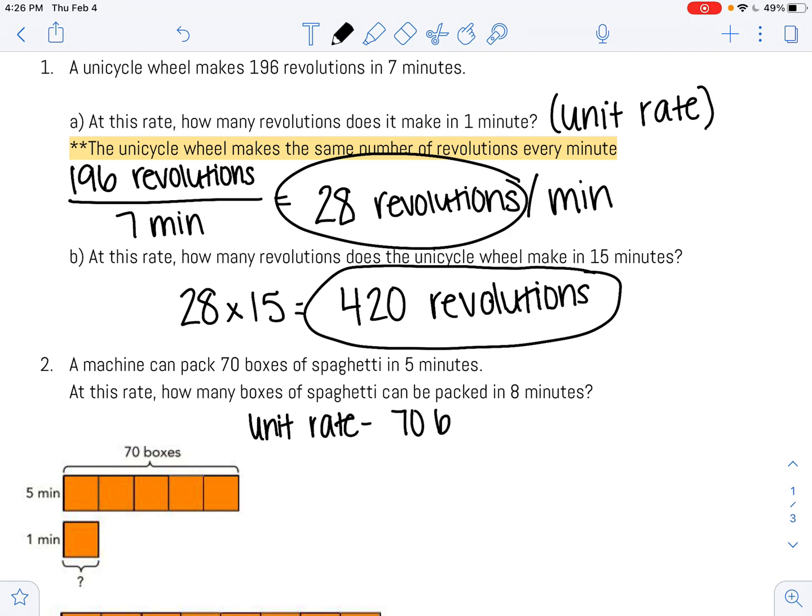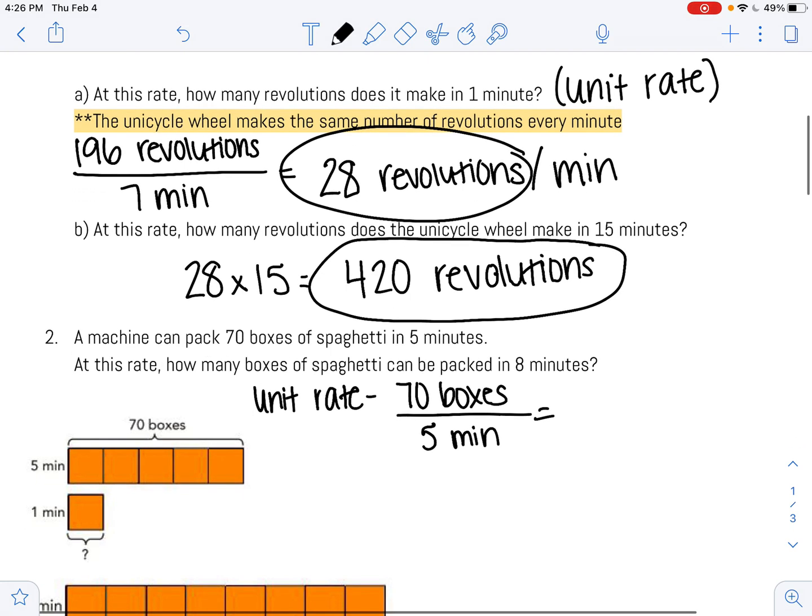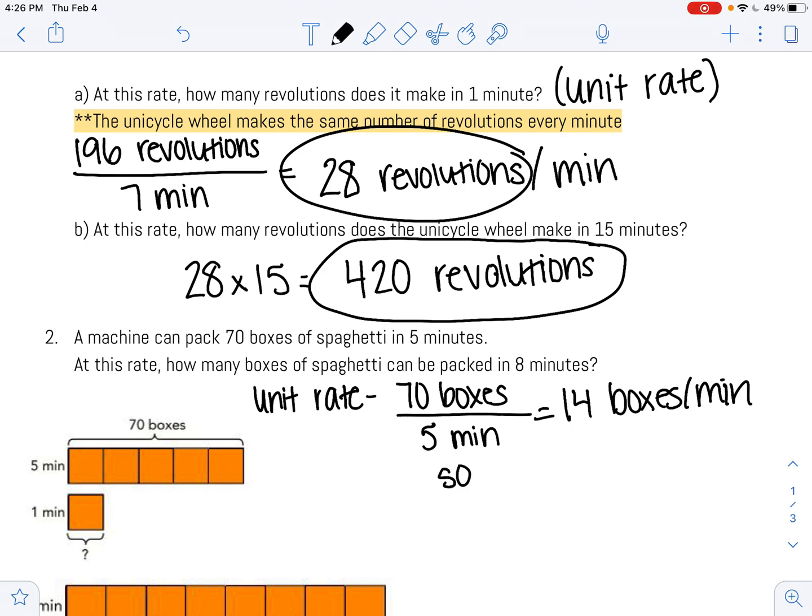So 70 boxes in 5 minutes. When I divide 70 by 5, my unit rate comes out to be 14 boxes per minute. So for 8 minutes, I have 8 groups of 14.